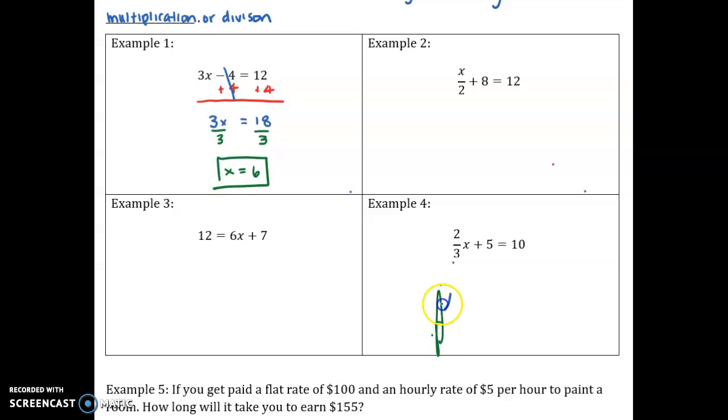This next problem seems a bit tricky because it has a fraction, but don't let the fraction fool you. The process is still the same. We have multiple operations happening. We have a division here, and we have an addition here. First, we will move the addition by doing the opposite operation. We will subtract.